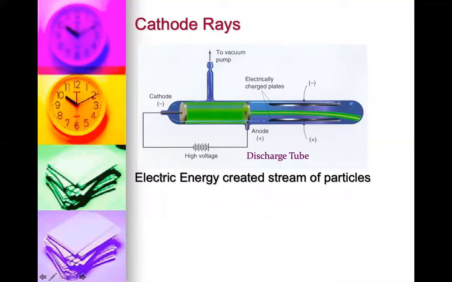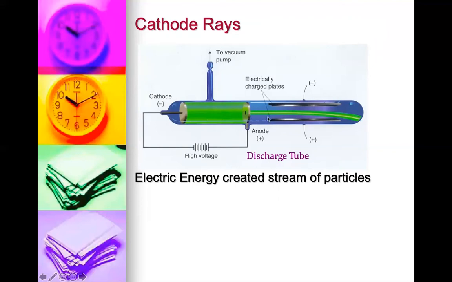So this is the cathode ray experiment by J.J. Thomson. This is the cathode and the anode. When the voltage is set, there is a stream of negative charges between the cathode and anode.